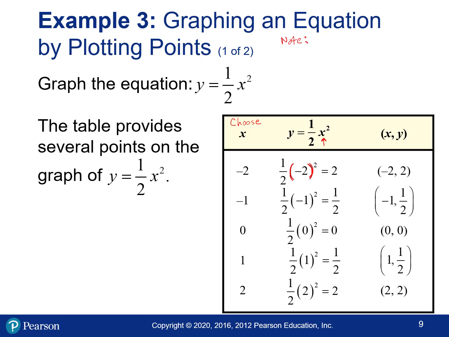If I didn't put parentheses, -2 squared is not the same as quantity -2 squared. On the right side, this is saying that I have -2 quantity times itself, because anything squared is times itself. And -2 times -2 is +4.